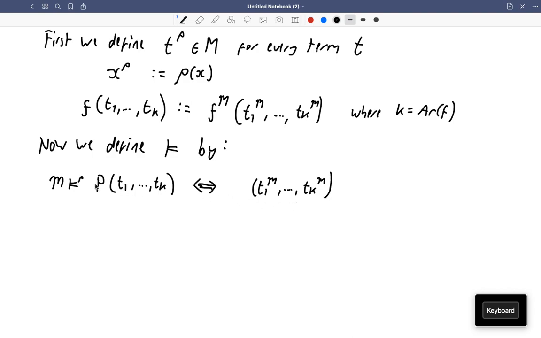And we want this to be true if our interpretation of the predicate P says that the relation P holds for these elements we've got for t1 through to tk.